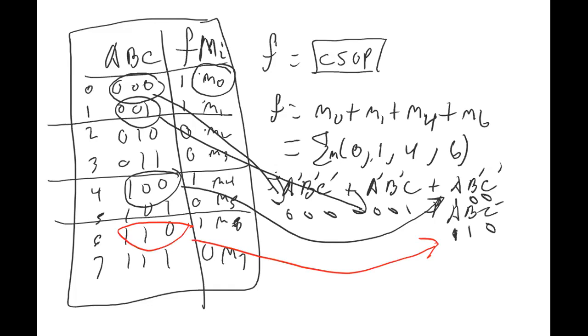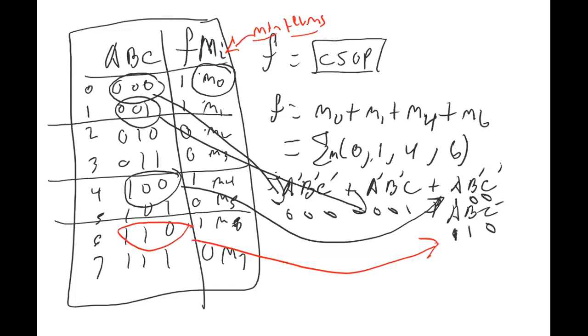So when you're reading chapter 2, you'll be getting into what's called the min terms. These are min terms. Min terms are nothing more than product terms. And those product terms have a direct correspondence to the row that you're in the truth table.